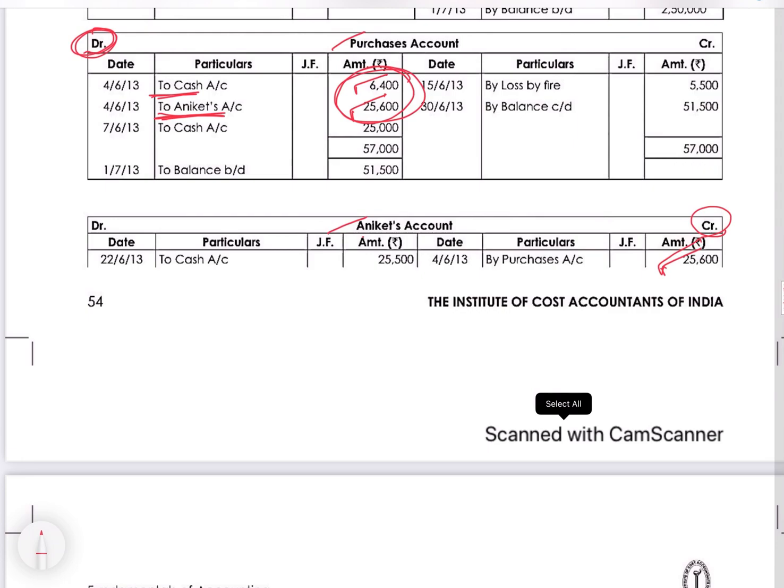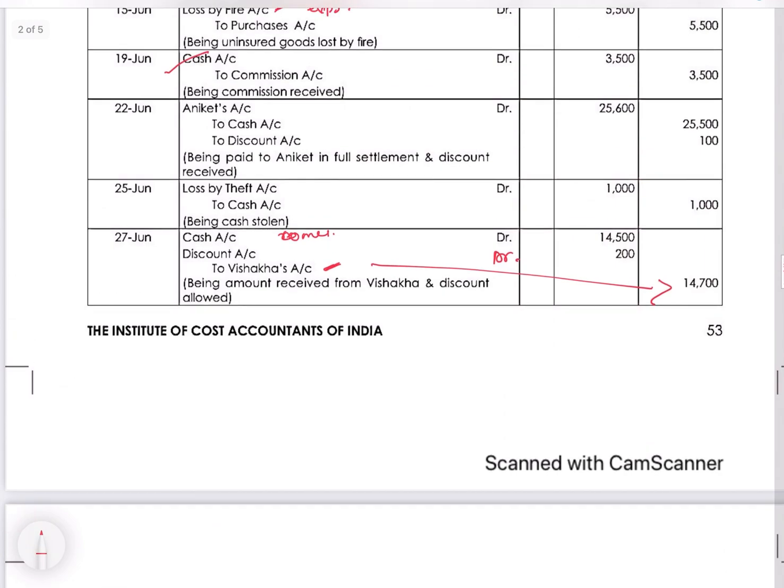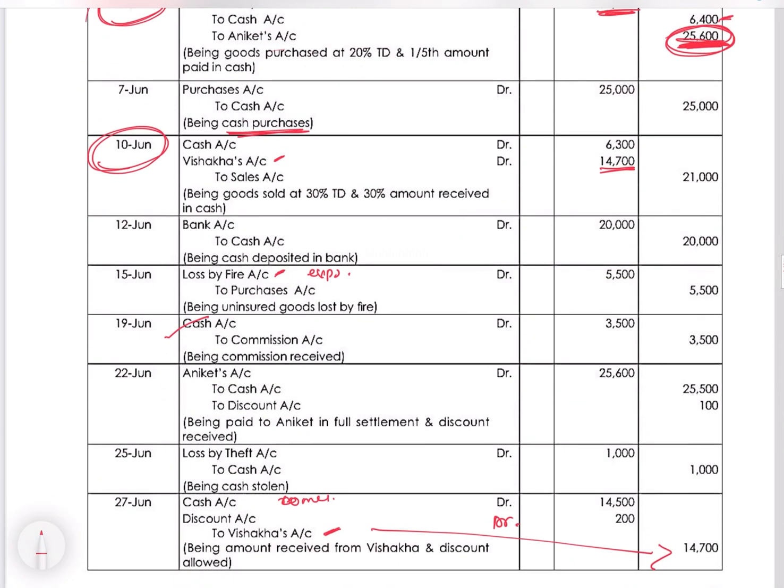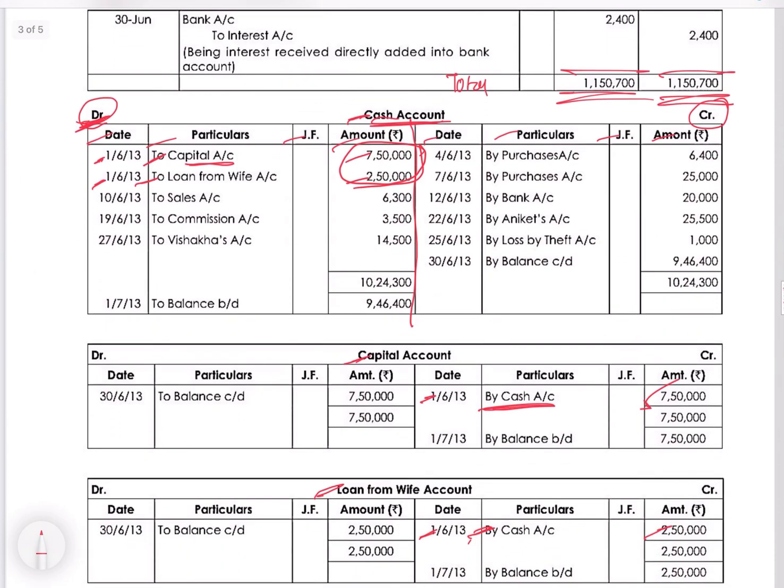Be clear about which side we have to post and what the amount is. Same way cash: 6,400 should be credited. So in cash, on the credit side, 6,400 by purchases. Correct?